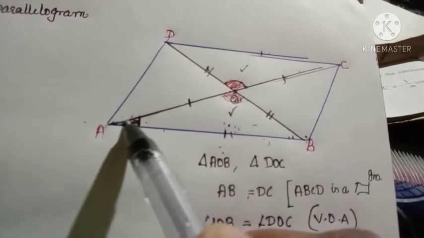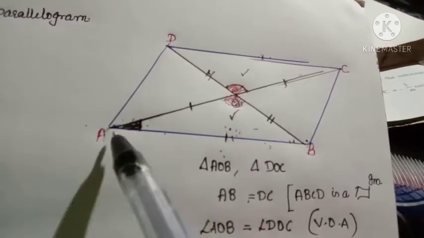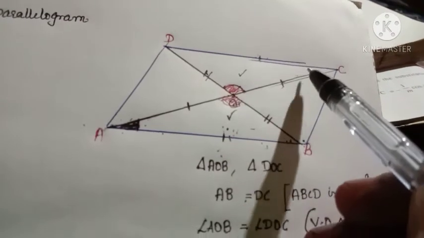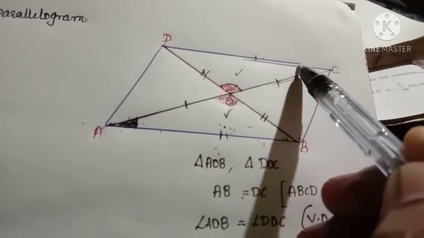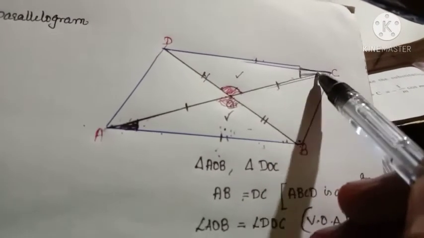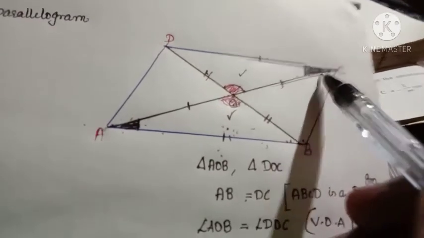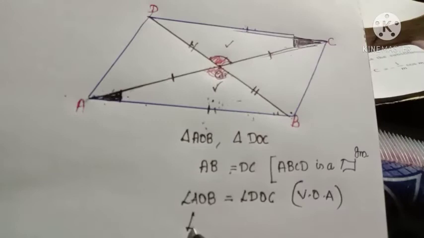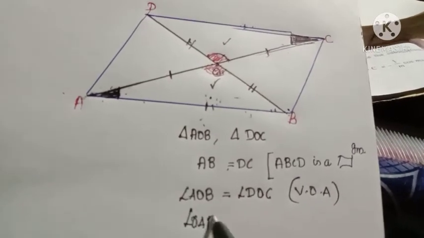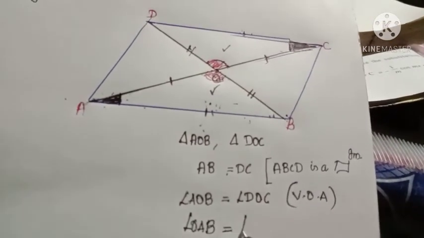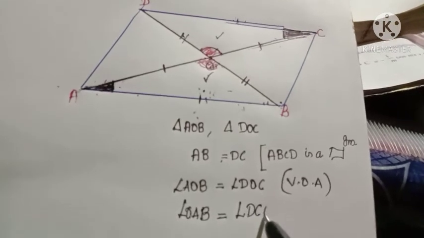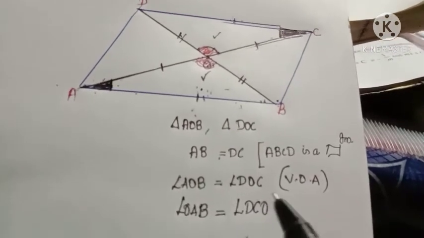Angle OAB. OAB is equivalent to this angle, isn't it? Yes. Equivalent to angle DCO. So, angle OAB is equal to angle DCO. What are these angles?